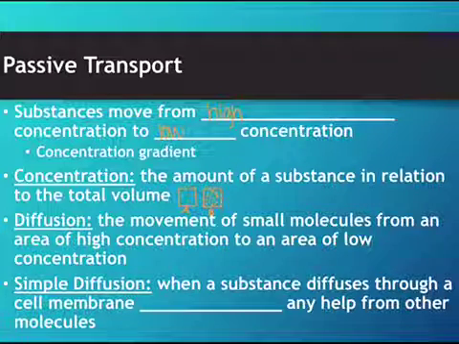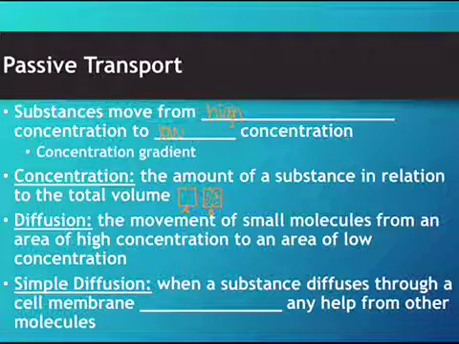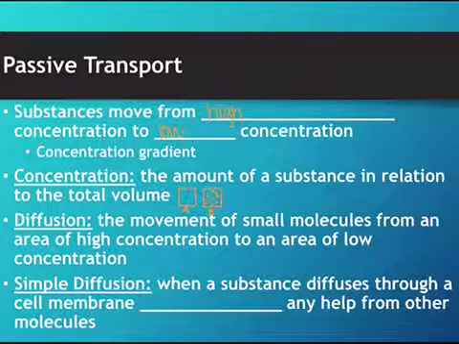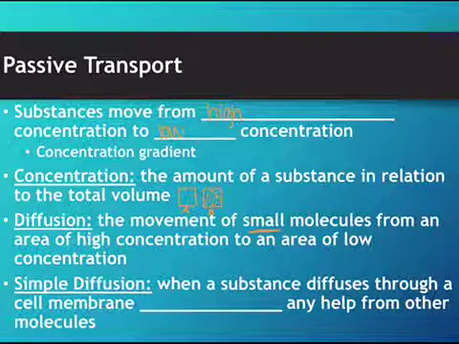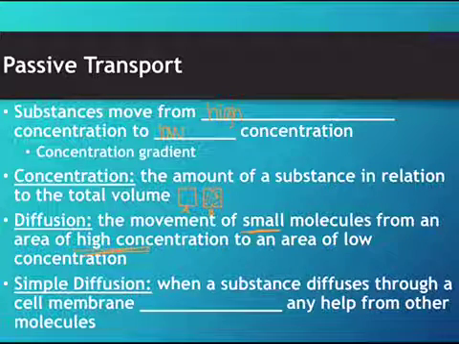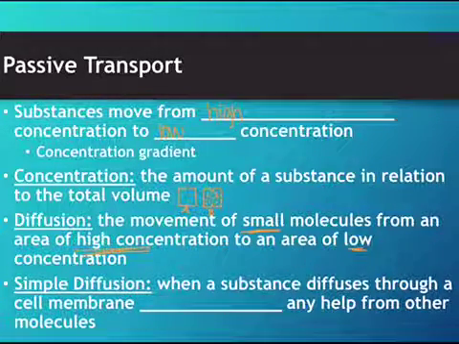So one type of passive transport is called diffusion. This is the movement of small molecules, so a keyword here is small molecules, from an area of high concentration to an area of low concentration.